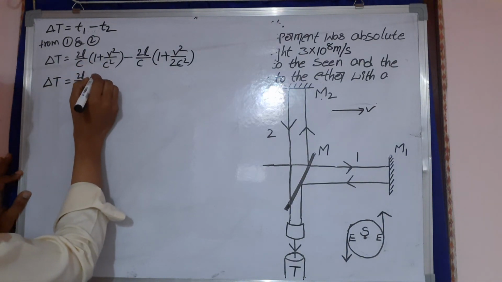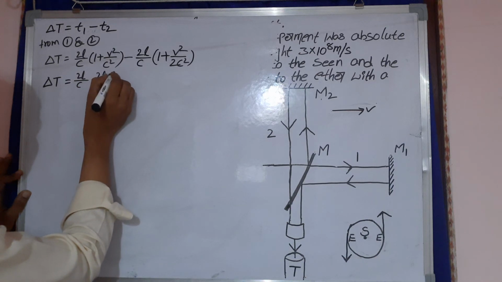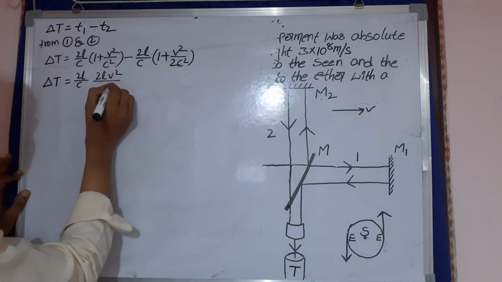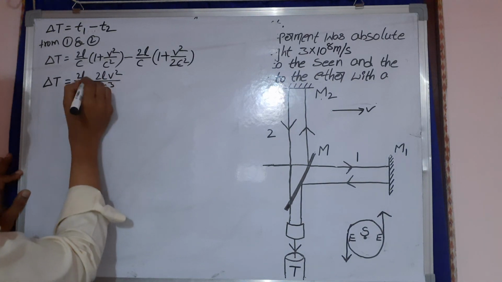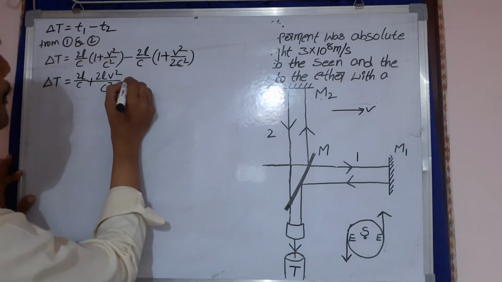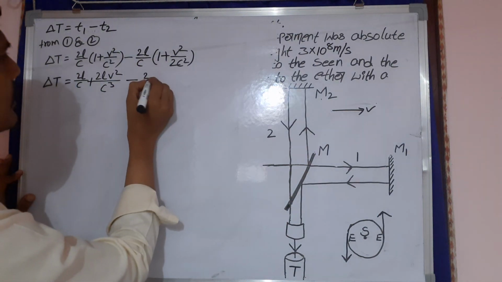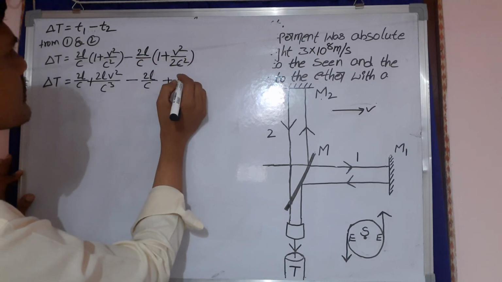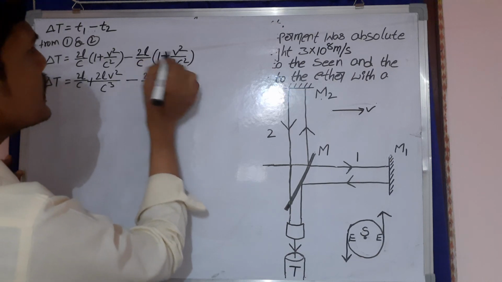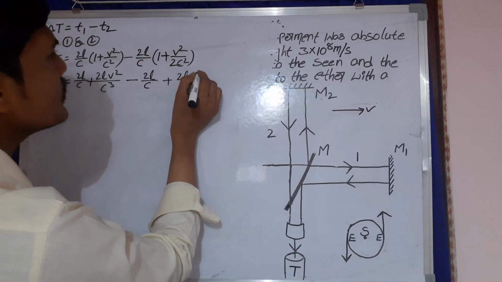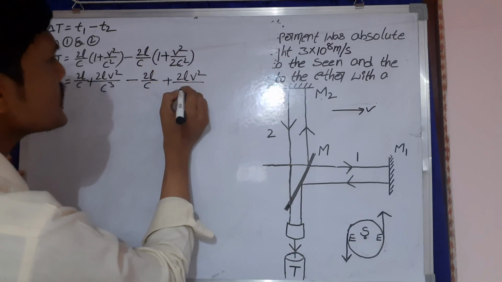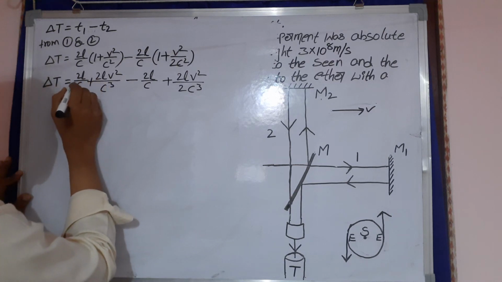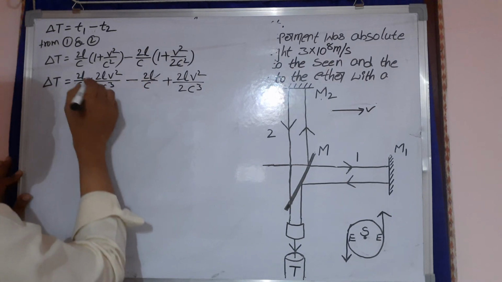So next, 2L v square by c cube, minus 2L by c into 1 plus 2L into v square by c into 2c square, 2c cube. So these two terms are positive term and negative term, cancelled.